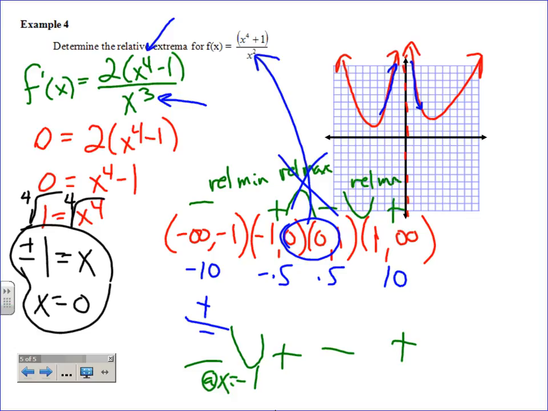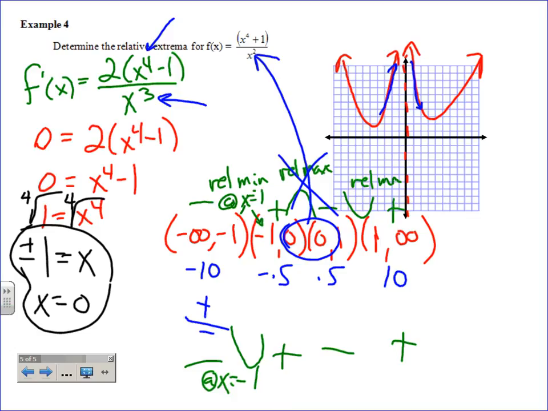Yes? What do you mean? Say that again. On the previous page, or even before, we had the actual points that were relative min or relative max. How can we just look at those values right there? Oh, you mean like right here? This is at negative 1.